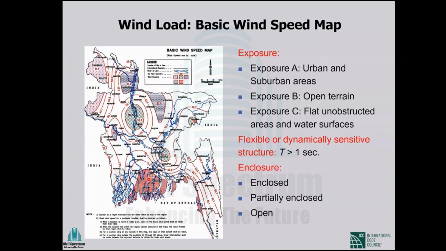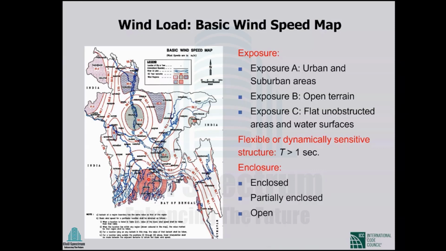And this time, it is 3-second gust wind speed. So the basic method of measurement is different, and there is a conversion for that. AC 705 follows 3-second gust wind speed, and our previous version of the code followed fastest mile wind speed. So we needed a conversion for that. That's why the values are different, but the contours are the same.